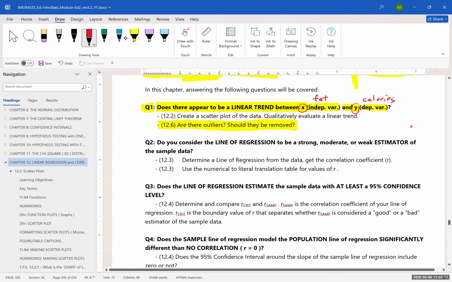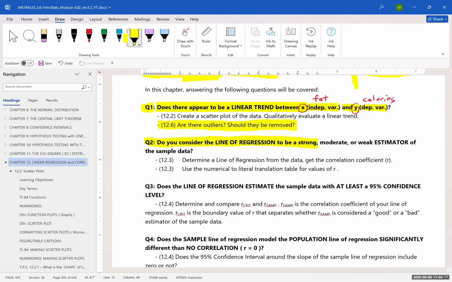Question two is, do you consider the line of regression to be a strong, moderate, or weak estimator of the sample data? This is if you were just to communicate to someone, hey, I conducted this analysis. I looked at the correlation between fat and calories, and it was very strong.